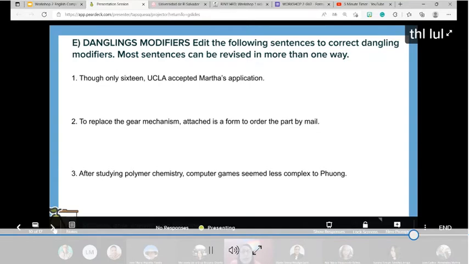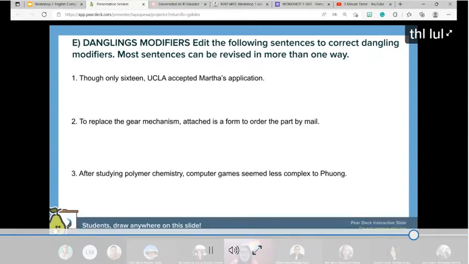So, dangling modifiers. Though only 16, UCLA accepted Marta's application. Sounds weird, right?